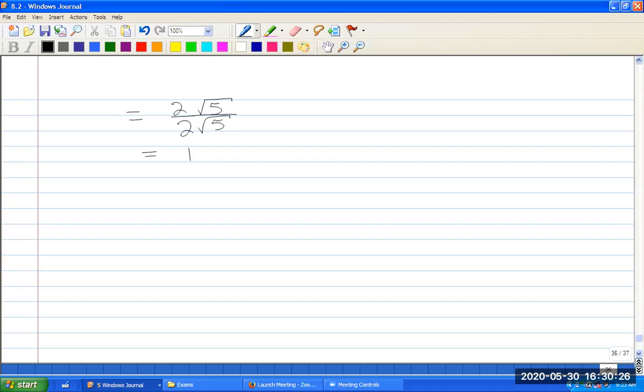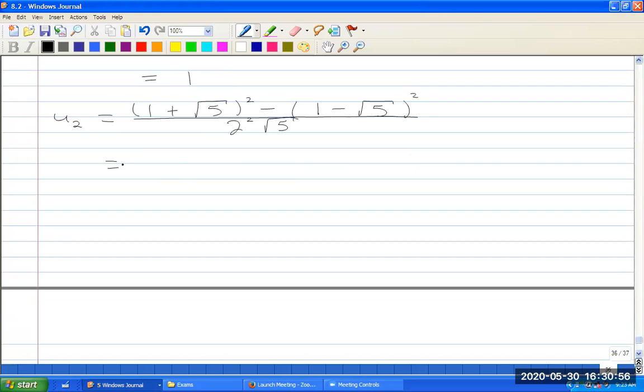So u sub 2 is equal to (1 plus rad 5) squared minus (1 minus rad 5) squared all over 2 squared rad 5. So this is equal to, let's square this out.